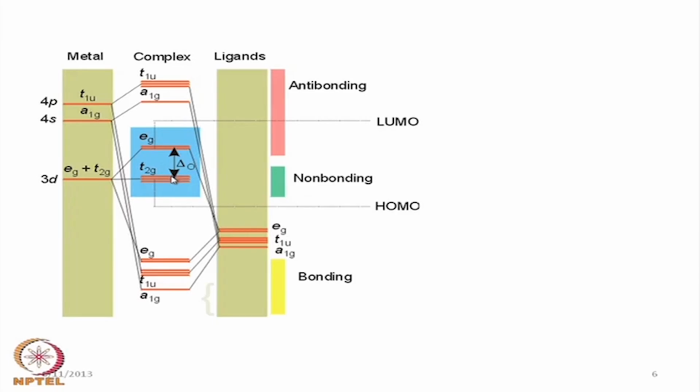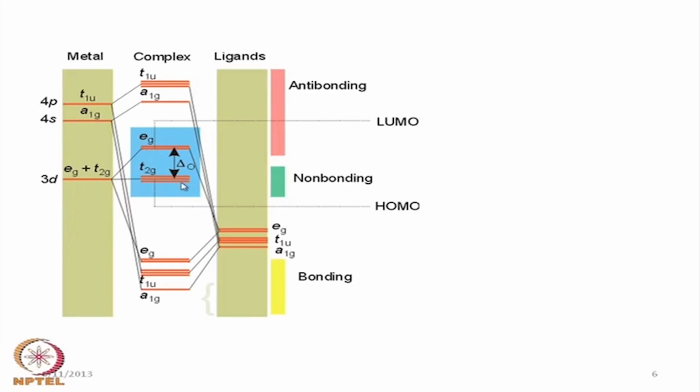And interestingly, we do not have any control over the energy level for this EG level in the crystal field interactions, where we have stabilization for the T2G level and destabilization for the EG level because of the head-on interaction from the EG orbitals, that means the dz square and dx square minus y square orbitals, and they are getting destabilized, and that is why they are of higher energy.